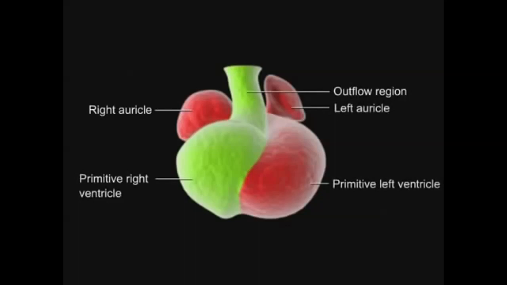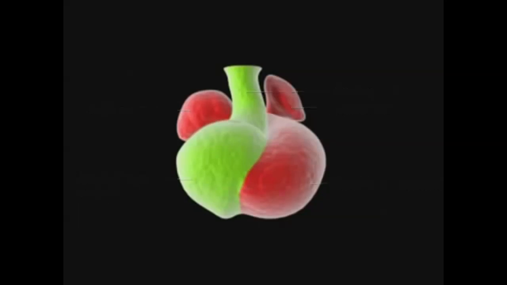Let us call all the structures again. Here are the designations. And now let's try to understand what it will be if we cut longitudinally our heart tube.